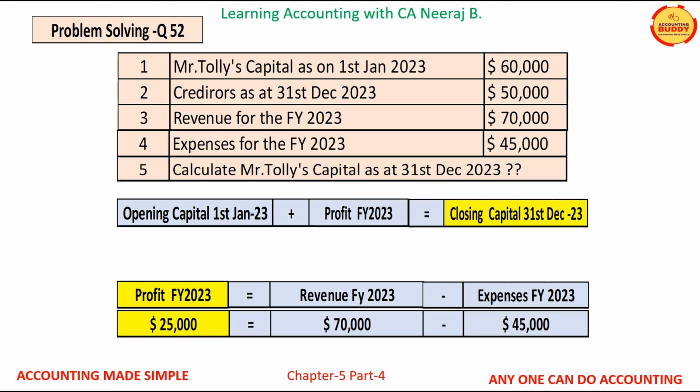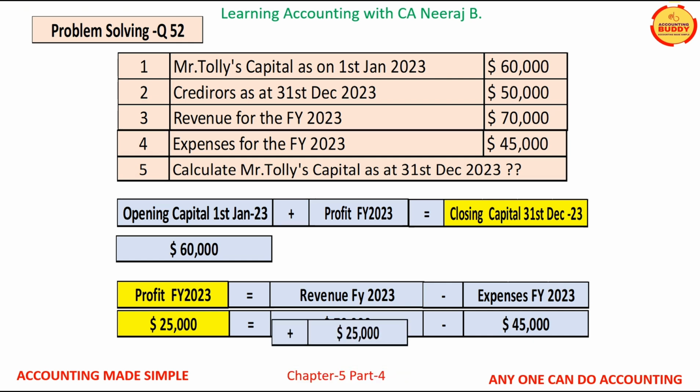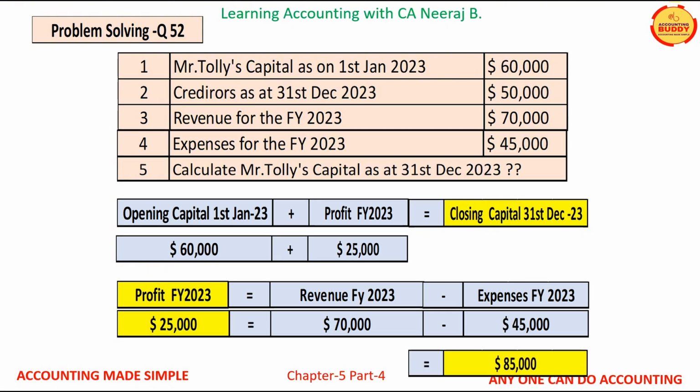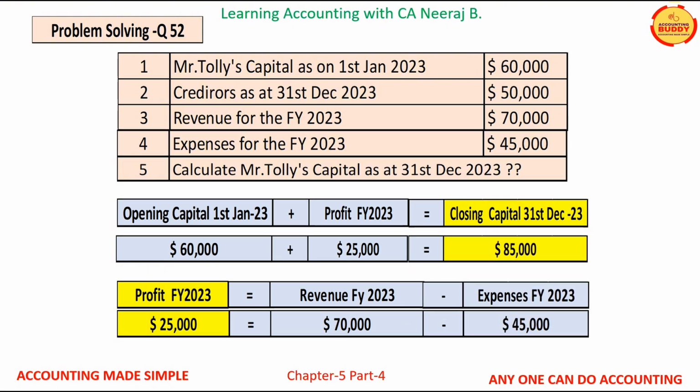Therefore, when the expenses of $45,000 are deducted from $70,000 of revenue, we will get $25,000 as the profit for the financial year 23. Now, if in the opening capital of $60,000 we add the profit earned during the year, which is $25,000, we will get the closing capital of $85,000.